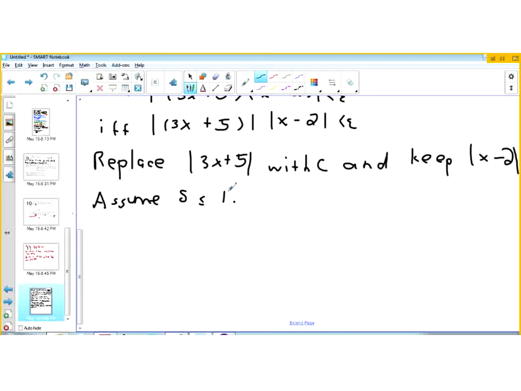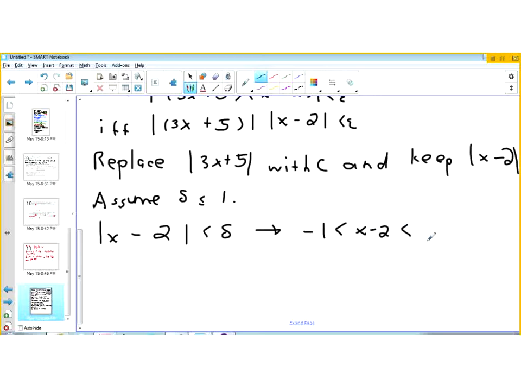Okay, so to replace the absolute value of 3x plus 5, assume delta is less than or equal to 1.